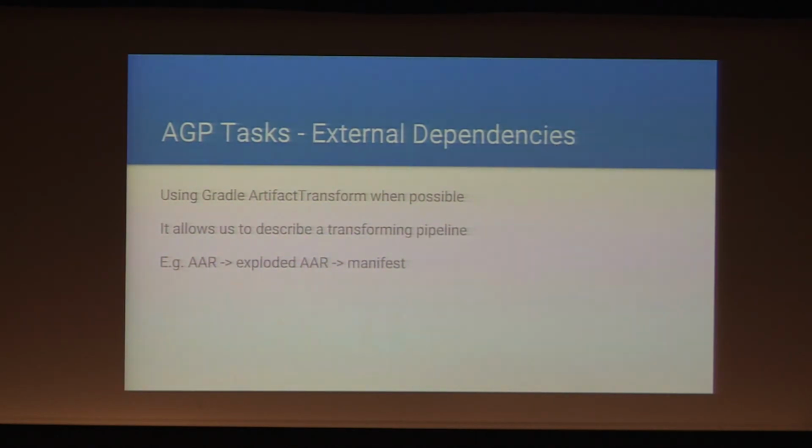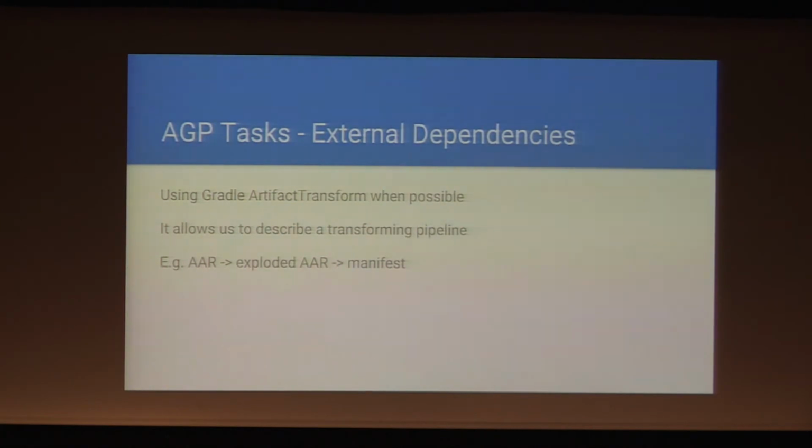But how do we deal with external dependencies? For these, we try to use artifact transforms when possible, and this is something that's provided by Gradle. So artifact transforms allow you to describe a pipeline in terms of simple transforms that transform an input to output in a predefined format.